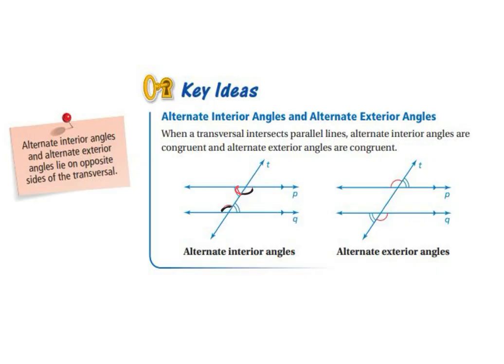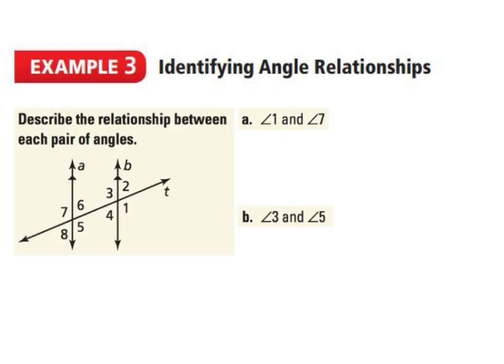This interior angle and the interior angle on the alternate side or the other side are also congruent. Similarly, the exterior angles will be congruent on opposite sides. So for example, in number 3 here, we have angle 1 compared to angle 7.